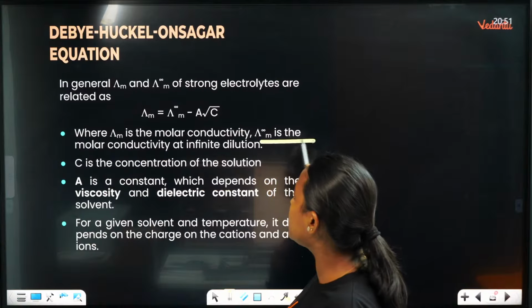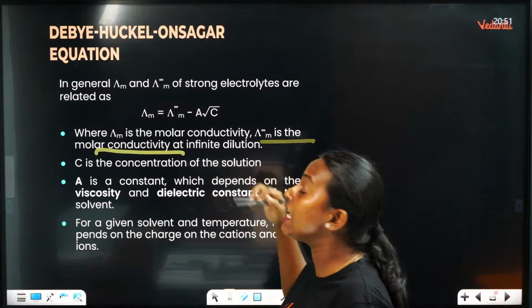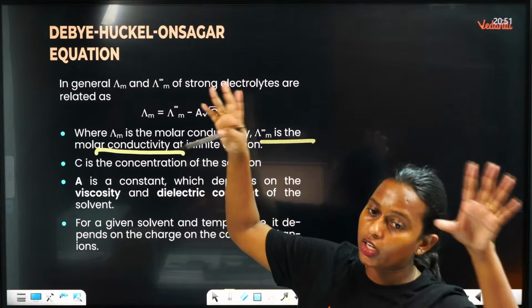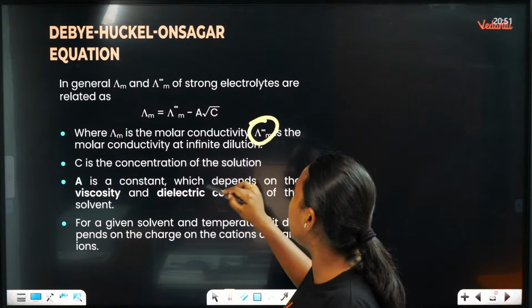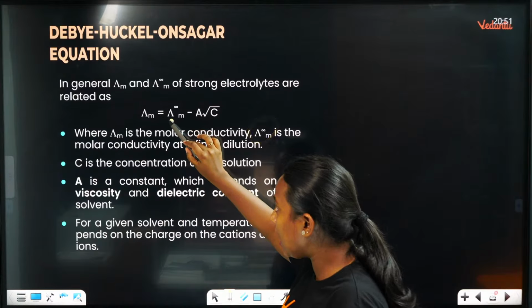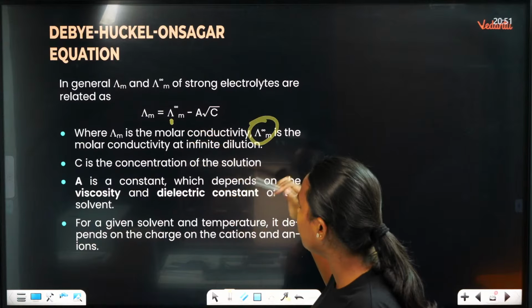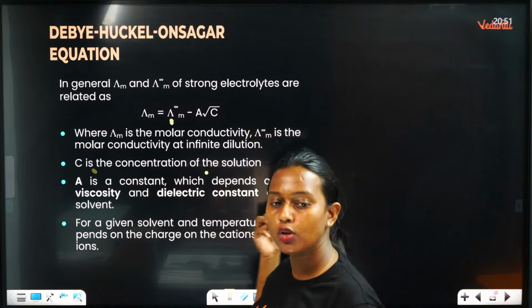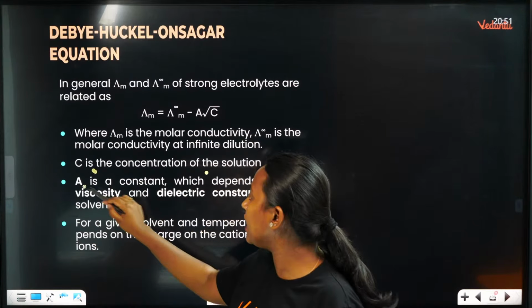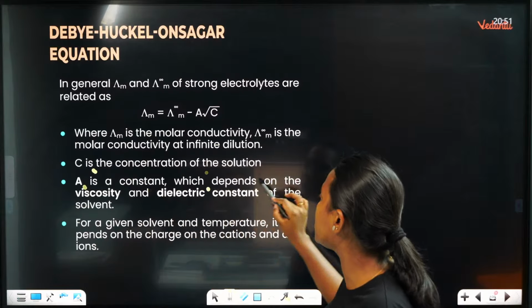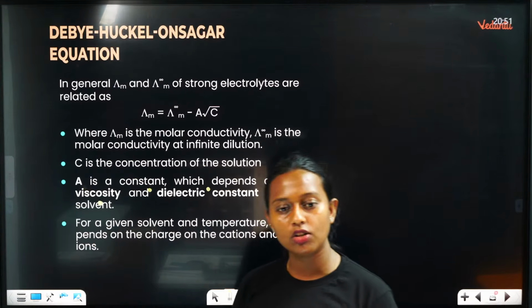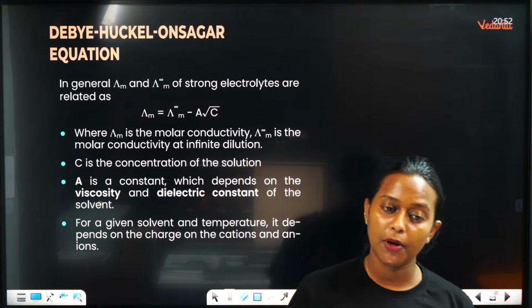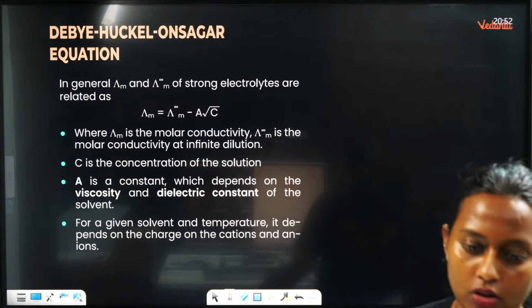Lambda infinity M is the molar conductivity at infinite dilution, C is the concentration of the solution, and A is a constant which depends on the viscosity and dielectric constant.